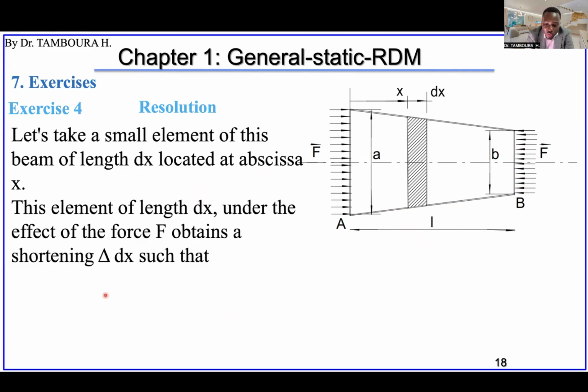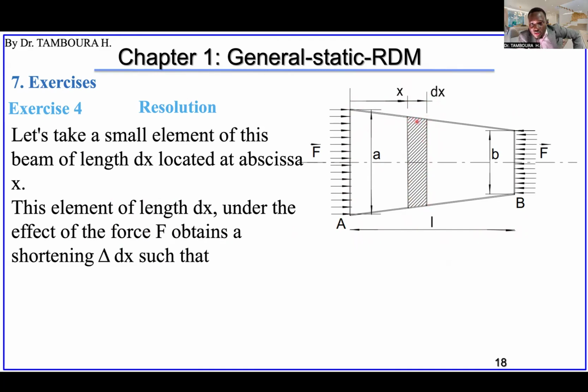So what we can do is take a small element, exactly like exercise number 2, and study this small variation and see what will happen. This element goes from the origin to the end, from 0 to L, and is limited by x to x plus dx.